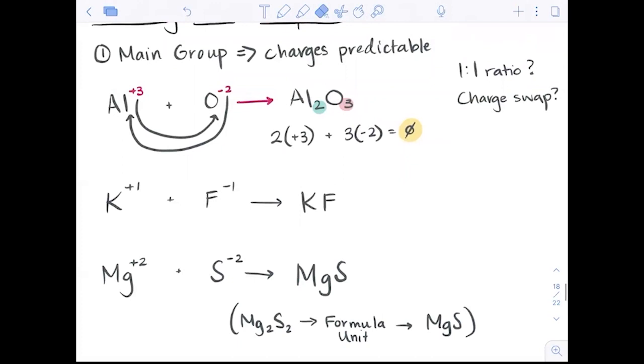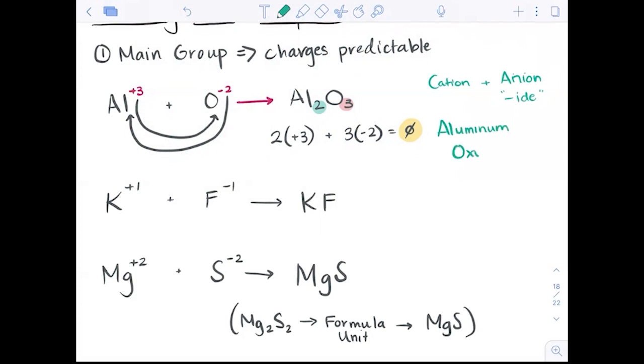Now, with naming, what we want to be able to do is take the cation as its element name, and the anion, we are going to change to the IDE ending. So aluminum and oxygen become aluminum oxide.